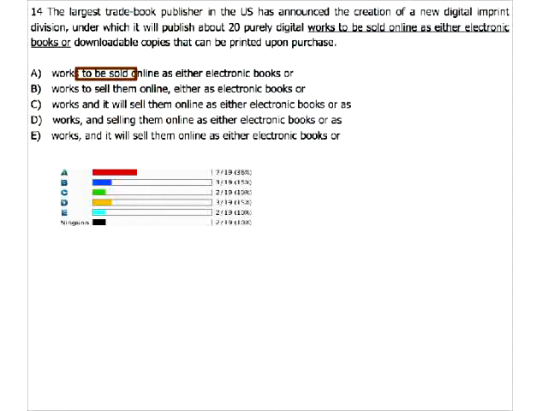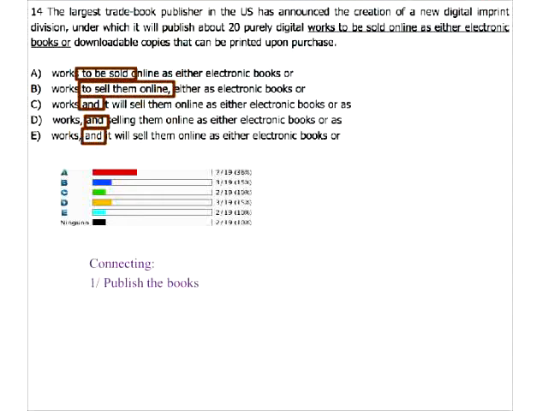These are modifiers, and these are not modifiers. So let's talk about this. The meaning of the sentence here, we have two things that we're connecting. Number one, it will publish the books.